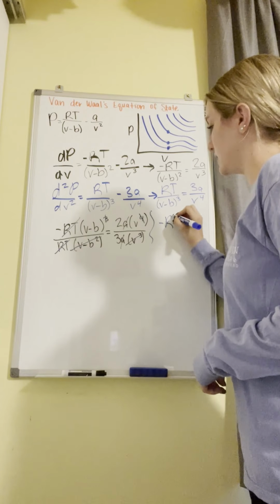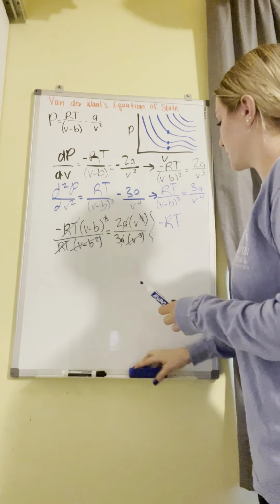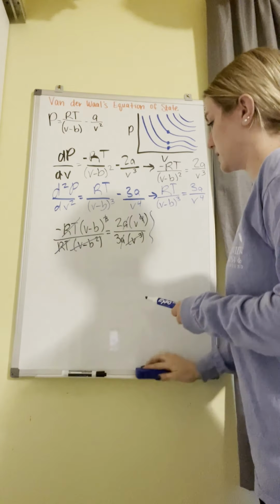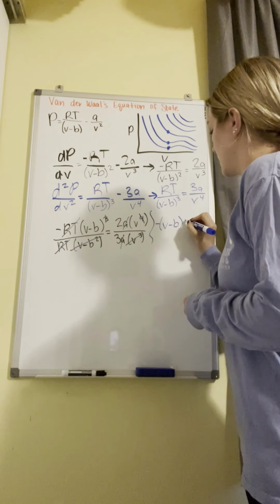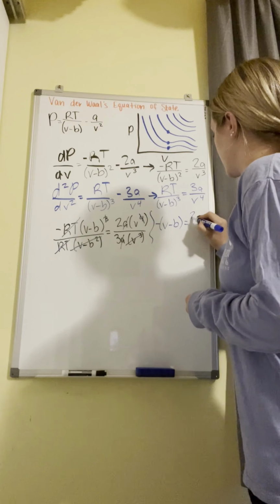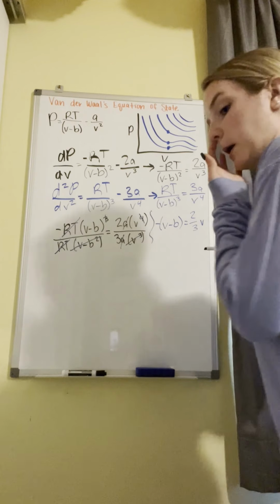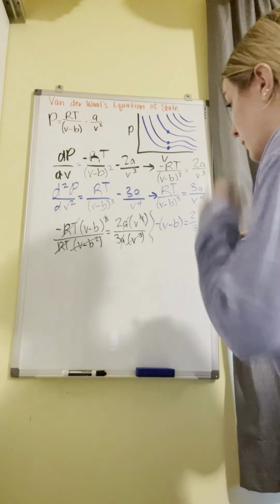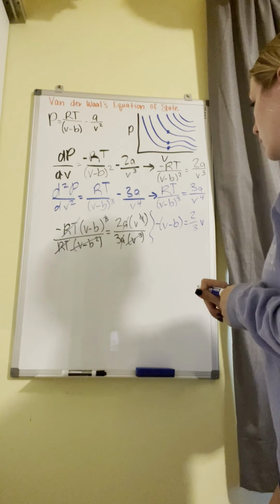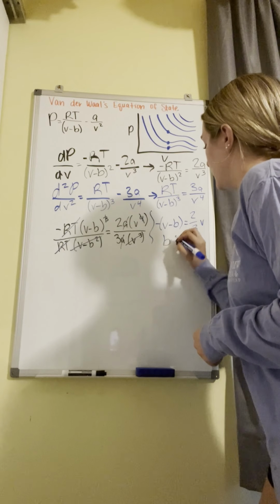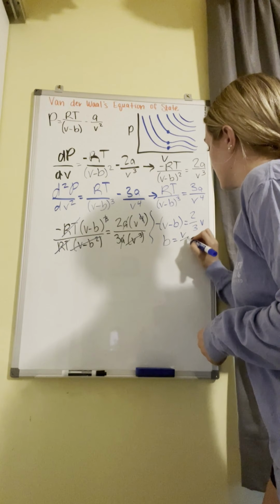So now we have negative RT. Oh, no, sorry. We are going to have negative V minus B equal to 2/3 V. So we are solving this equation for B. So we are going to get B equal to V divided by 3.